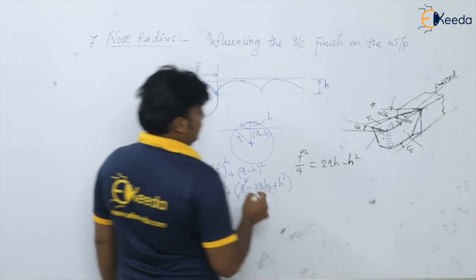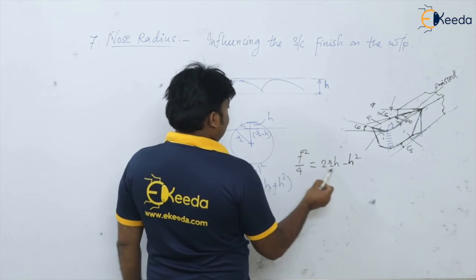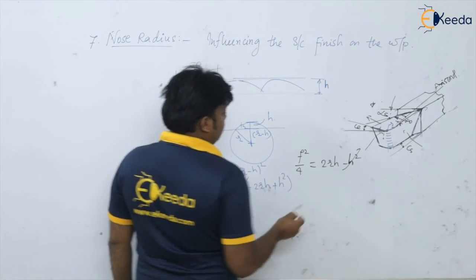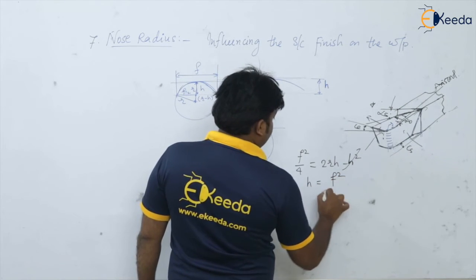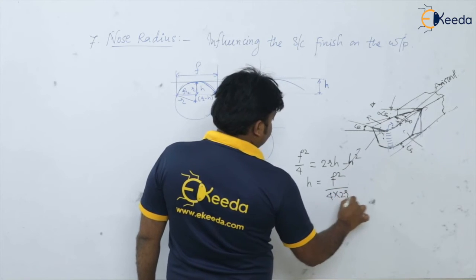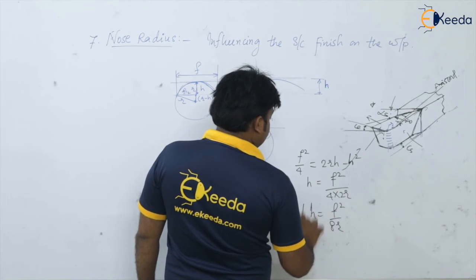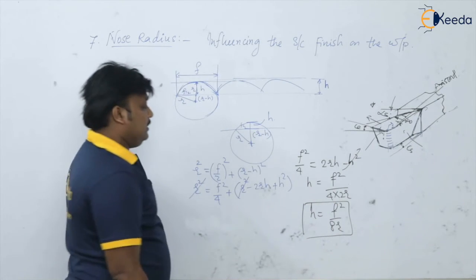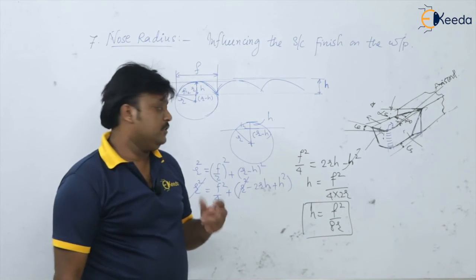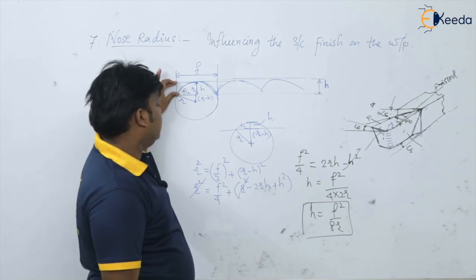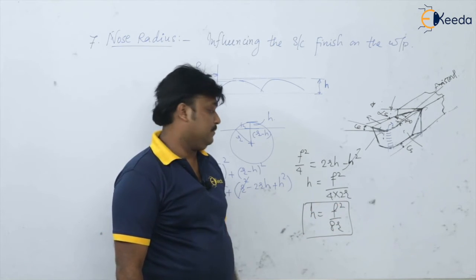This h is of course very small compared to 2rh, so I am going to neglect h square. So h is equal to f square divided by 4 into 2r, so h will be f square by 8r, isn't it? This is the formula we get when the nose radius is given. So the peak to valley distance h max is equal to f square upon 8r.